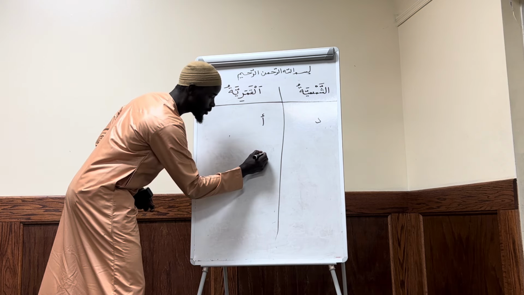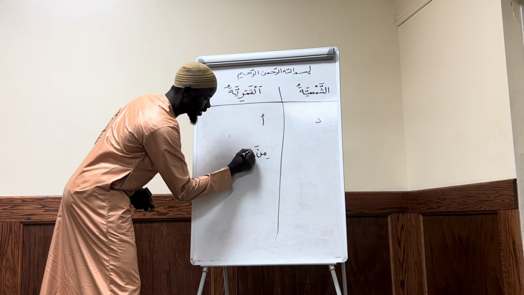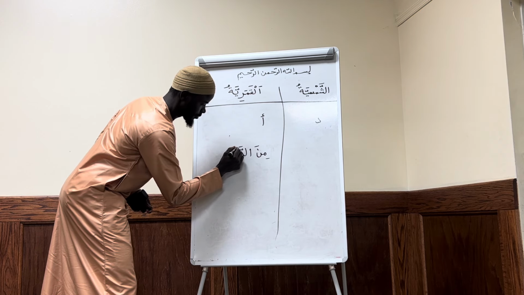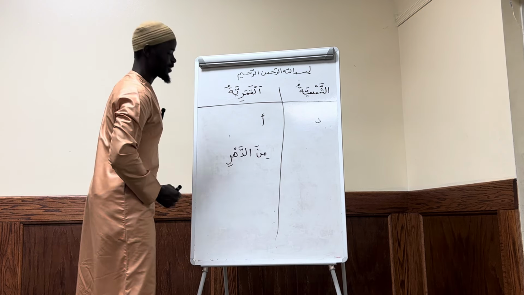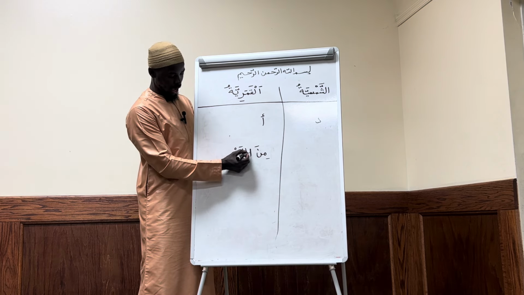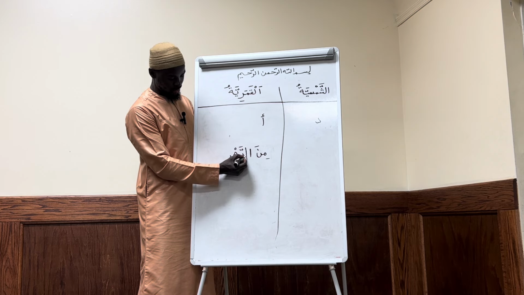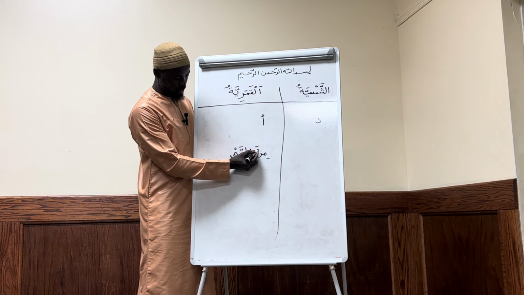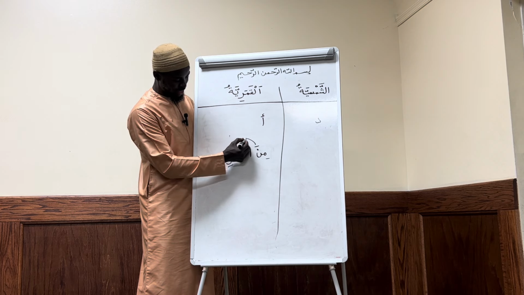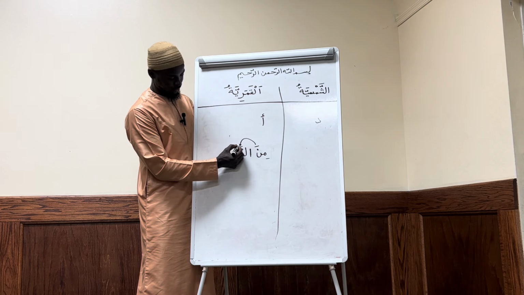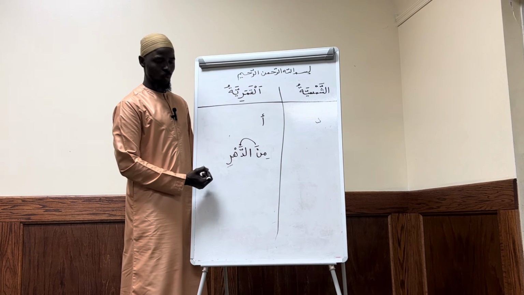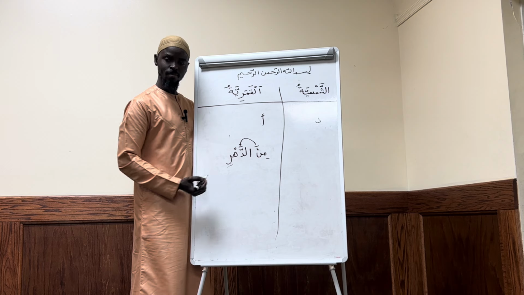So let's say mina dahri. So you see, you have skipped the alif and then you skip the lam and then you connect the noon with the da. Hinun minad-dahri. Mina dahri.